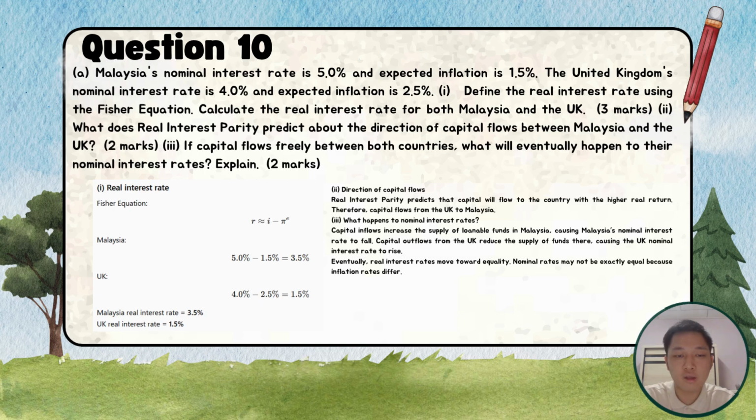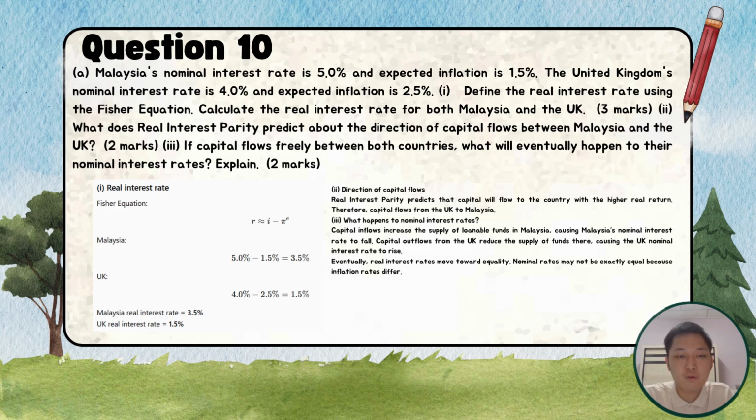For the United Kingdom, the nominal interest rate is 4% and expected inflation is 2.5%. So the real interest rate is 4% minus 2.5%, which equals 1.5%. Malaysia has the higher real interest rate, therefore real interest parity predicts that capital will flow from the UK to Malaysia because investors prefer the higher real return.